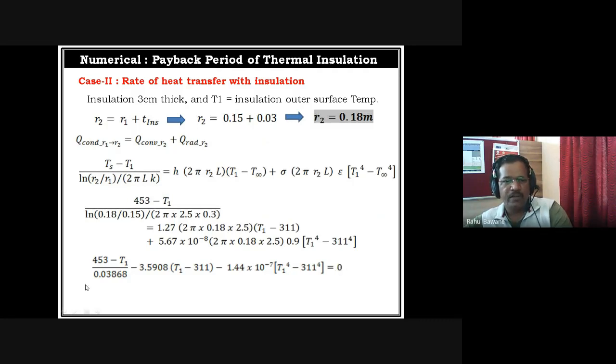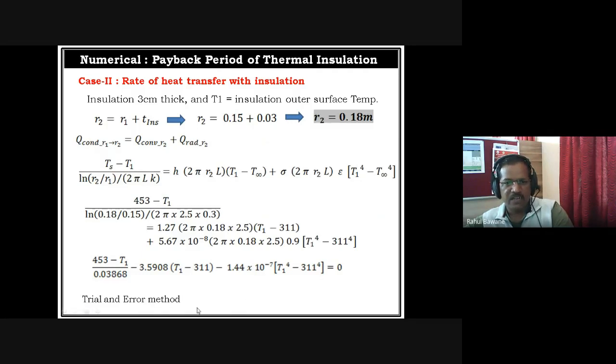Now we have to adopt a trial and error method, because if it were a simple mathematical expression we would use a mathematical relation and find T1. But it is so complicated that we do not directly get the value of T1. So there is another method called the trial and error method.